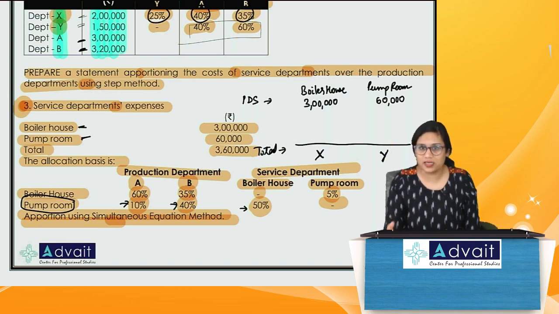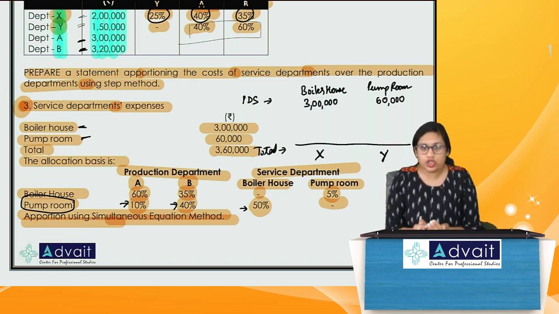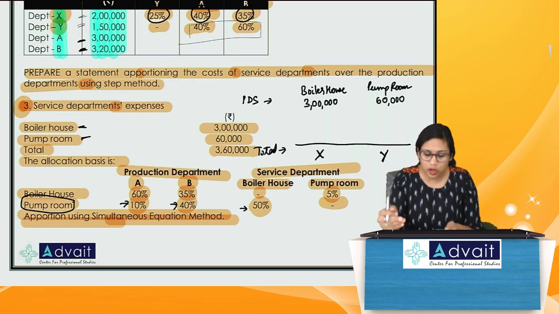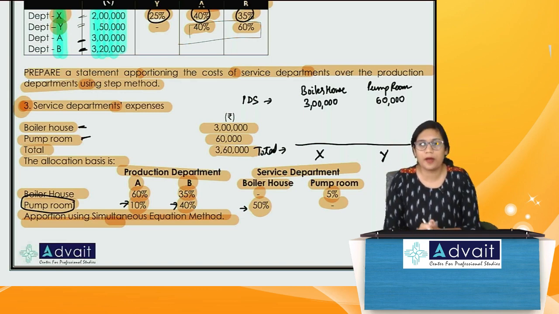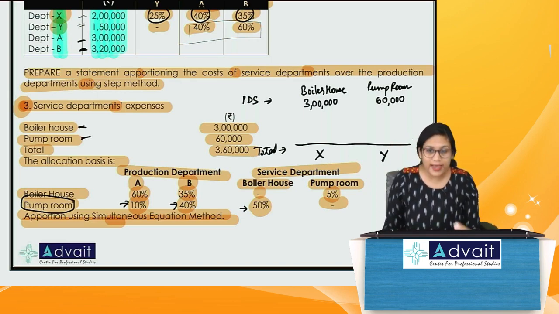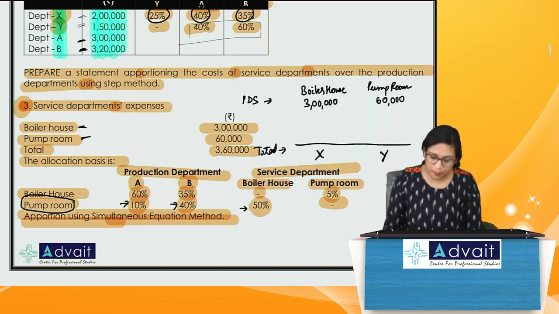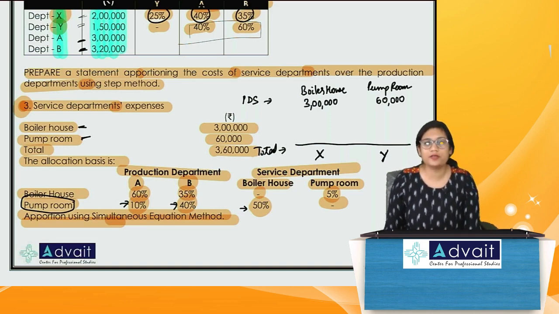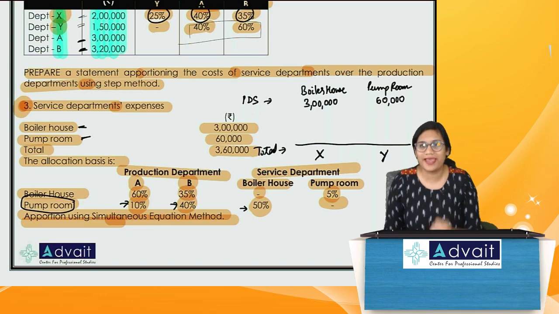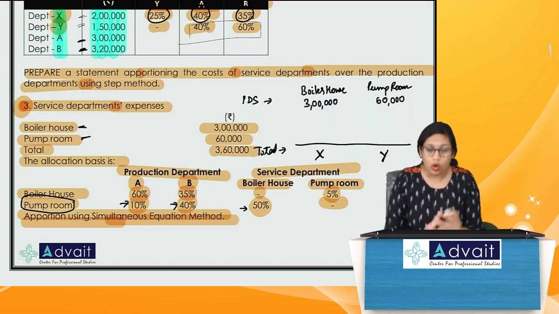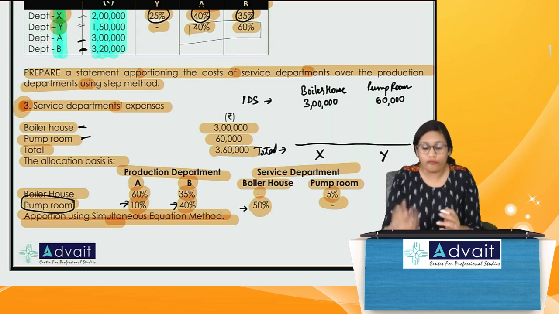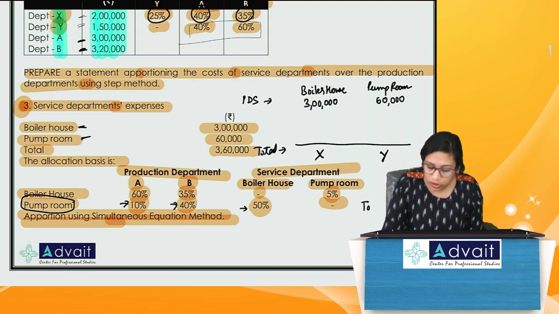Guys, which expenses? Naturally the total expenses of each of these two service departments will be allocated. So when I say pump room is giving 10% expenses to production department A, what is that 10%? 10% I know. Of what? Don't you think it should be of the total?